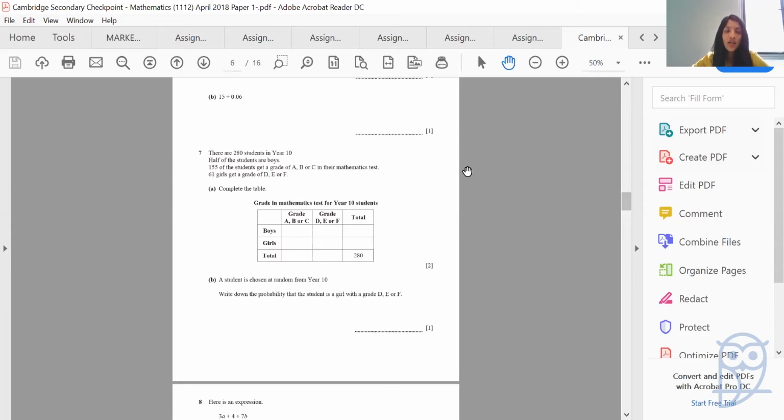Here's our table: boys, girls, total, grade A, B, or C, grade D, E, or F. We know the total number of students is 280. Before we carry on, they've given us the clue: half of the students are boys. So when we're working out this type of table, I'm going to share a whiteboard instead.